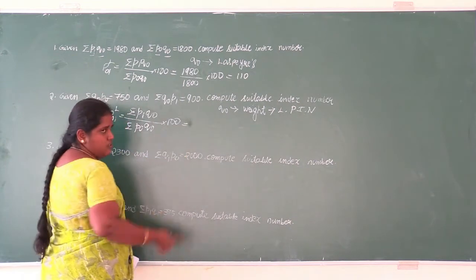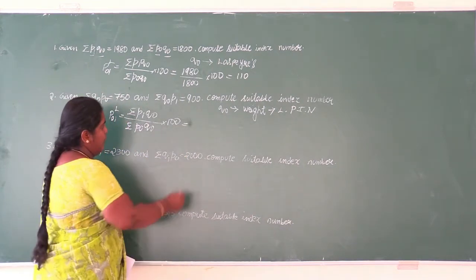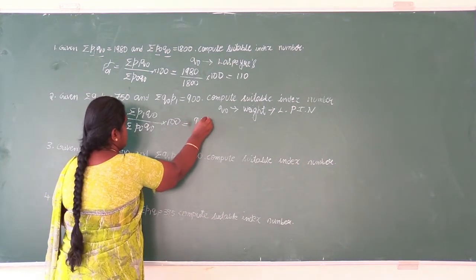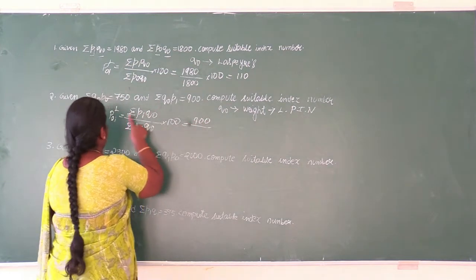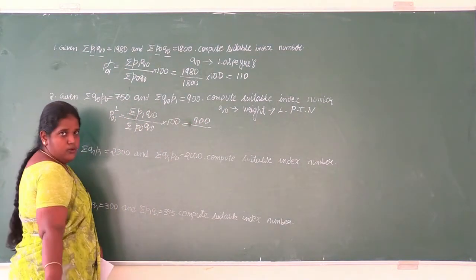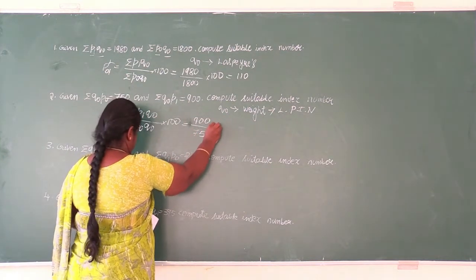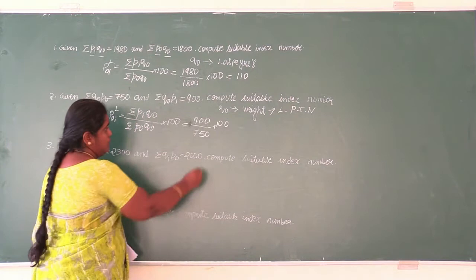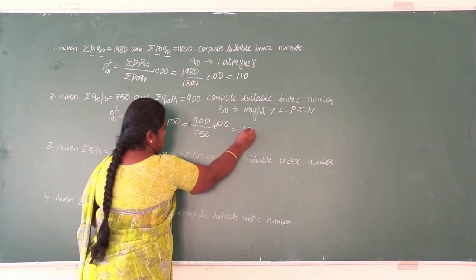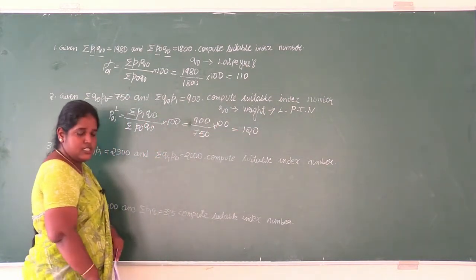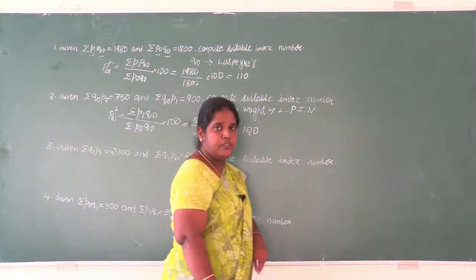First read the P value, then read the quantity value. So P1 Q0 is 900 and P0 Q0 is 750. So 900 divided by 750 into 100, which is 120. So the answer is 120.